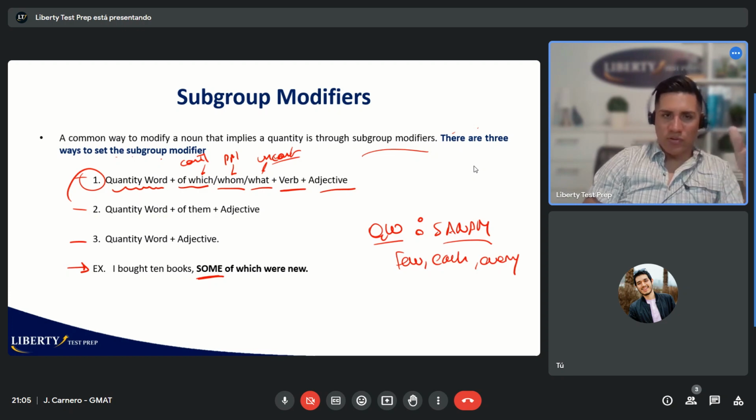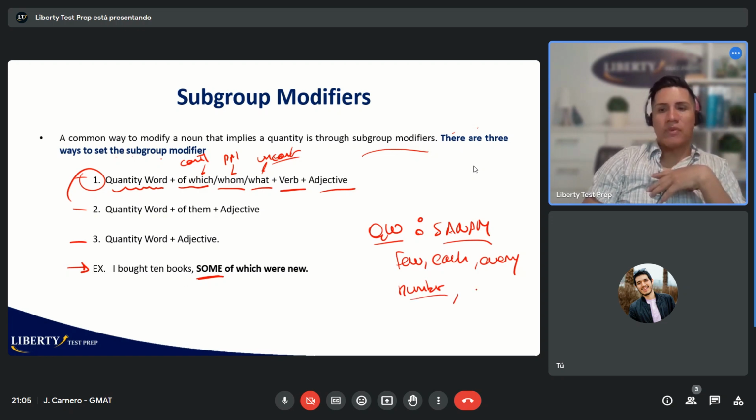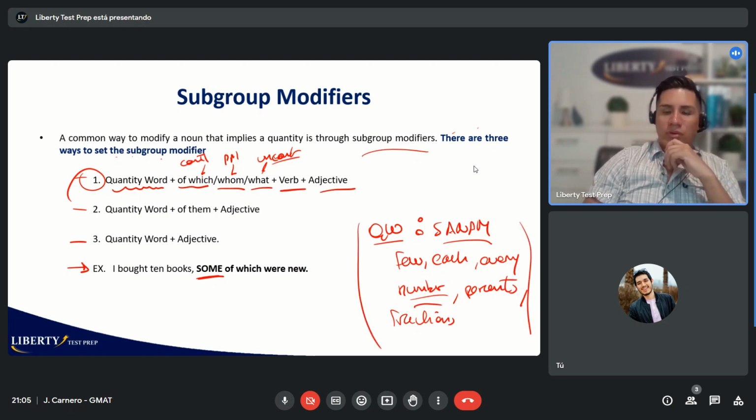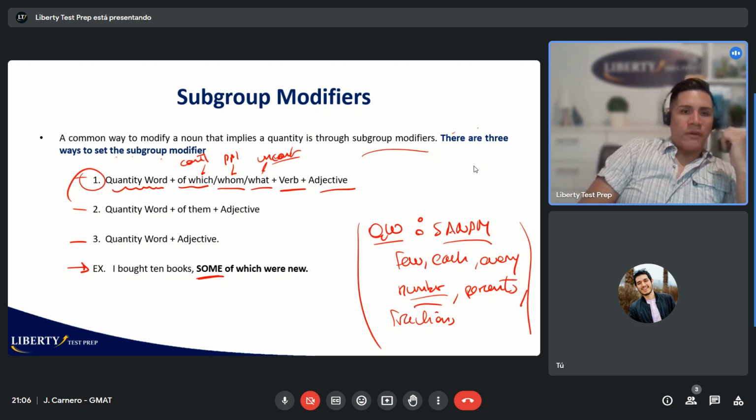Those are also quantity words. Any number is a quantity word. So you can say, for example, instead of some of which, two of which. Percents also, 25% of which, or you can have fractions also. One third of which. Okay, so those are the quantity words: pronouns, few, each, every, numbers, percents, and fractions.